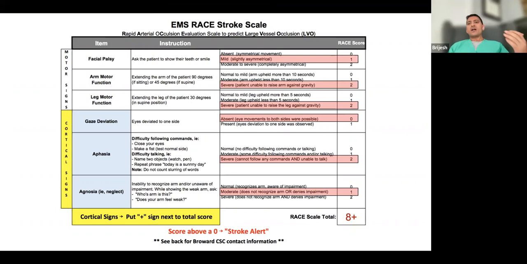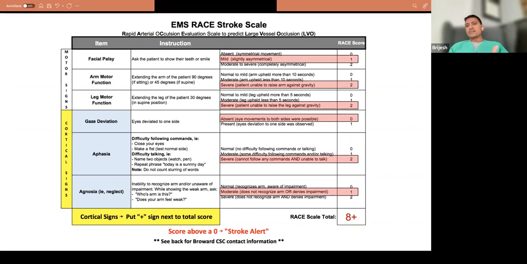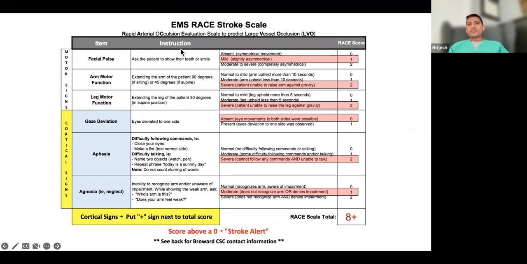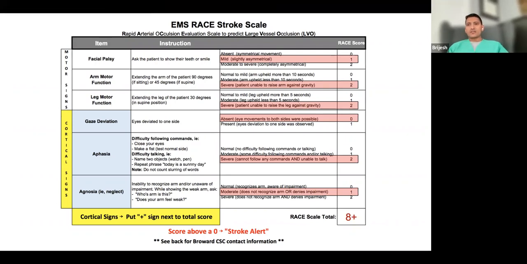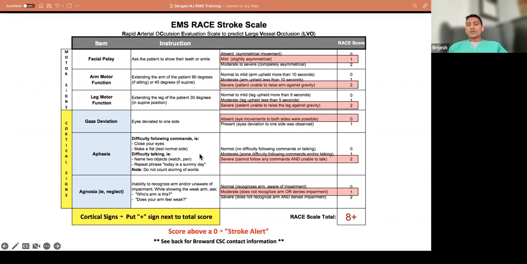And that might be a false alarm for the receiving hospital that this might be a large vessel occlusion, but simply having motor deficits without any cortical signs, it's a low likelihood that they're going to have a large vessel occlusion. So that's one of the limitations, it does not give as high a weight to the cortical signs as FAST-ED does.